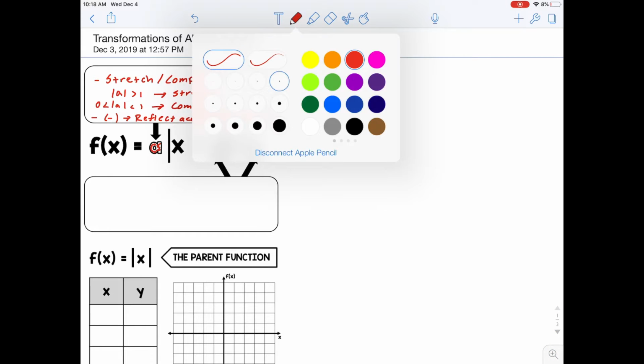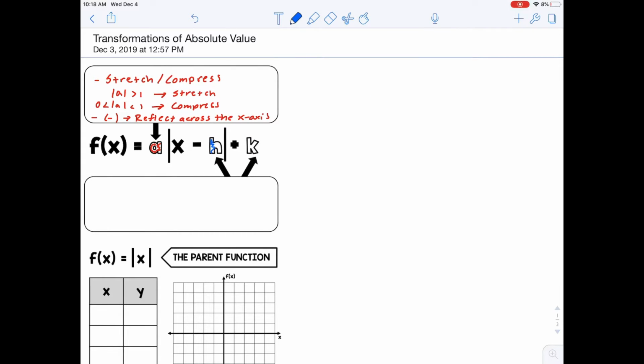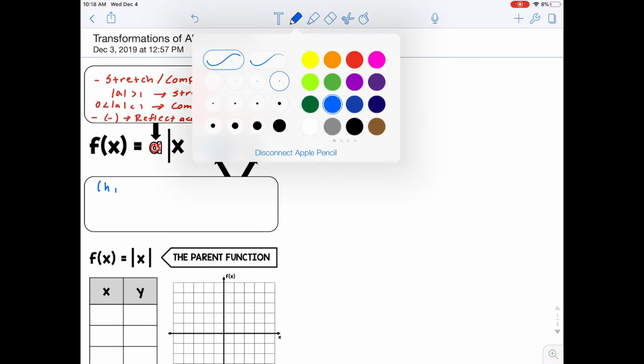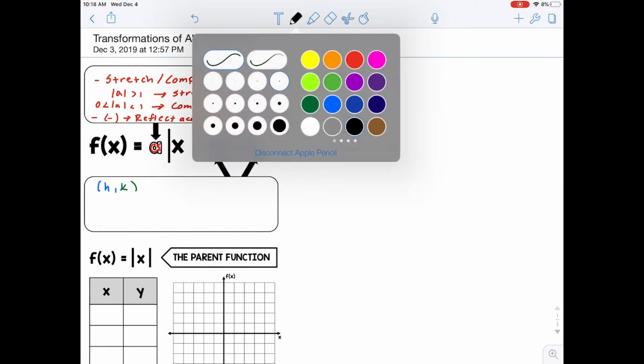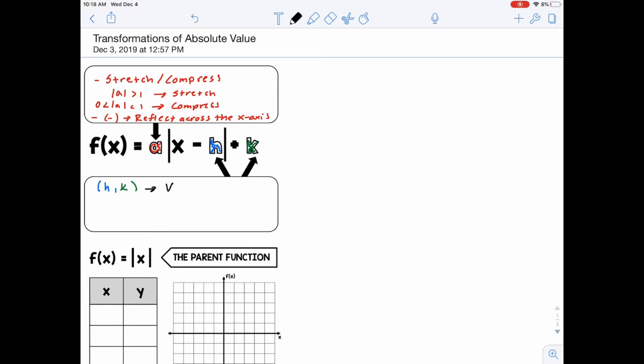The h and the k, if you remember, h comma k is our vertex. All right, so this is the vertex.